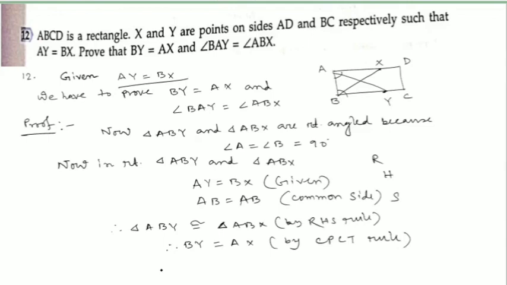And angle BAY is equal to angle ABX. This is also by CPCT rule, corresponding parts of congruent triangles. So these two are proved.